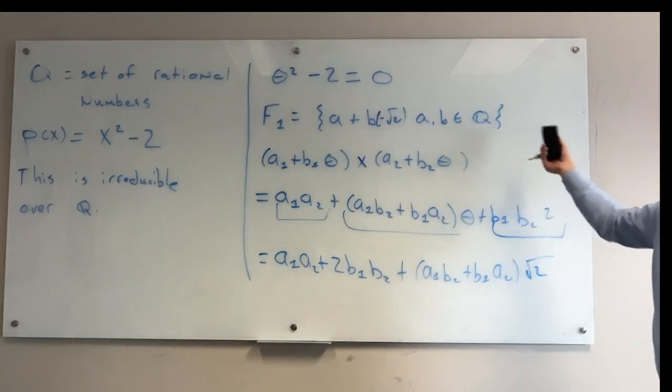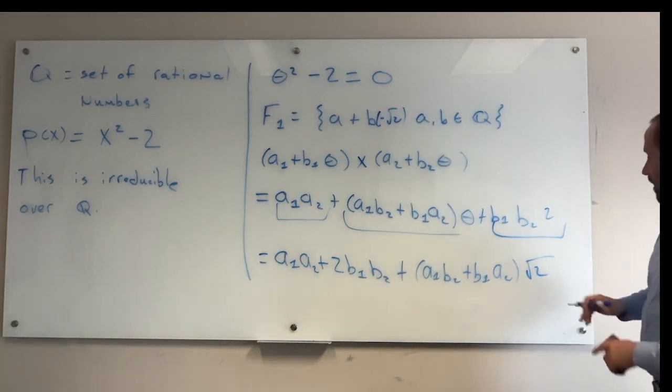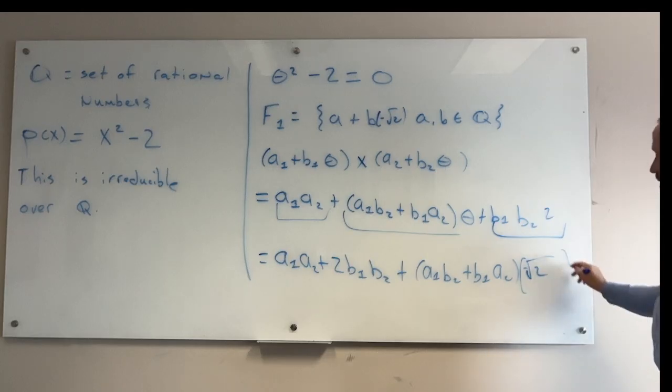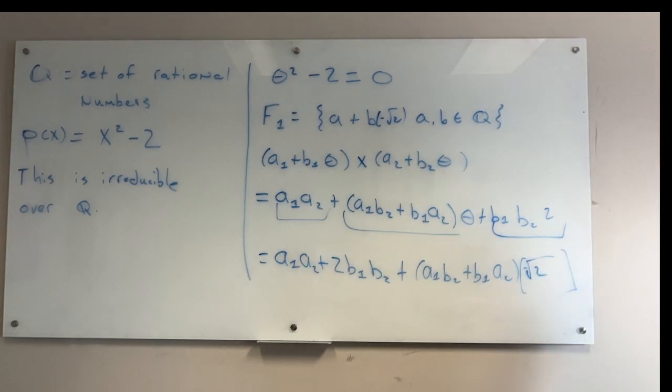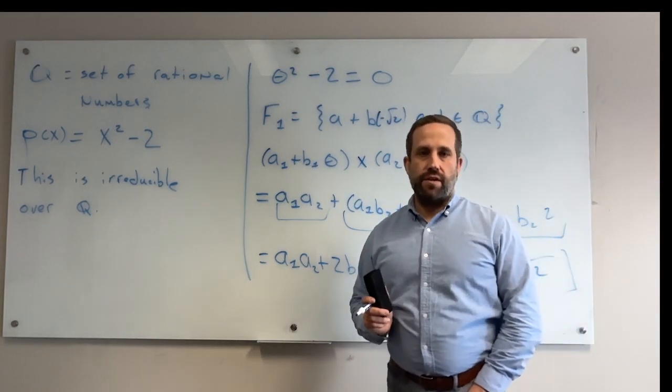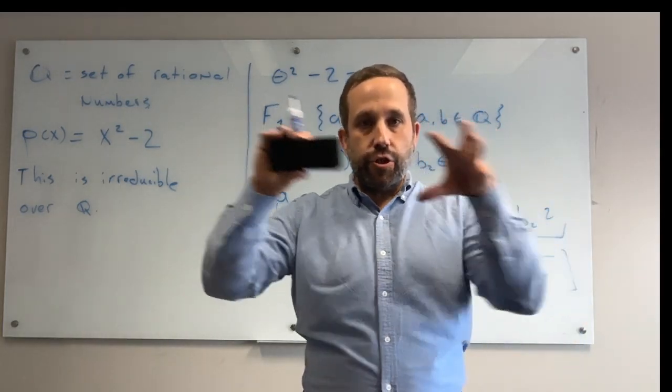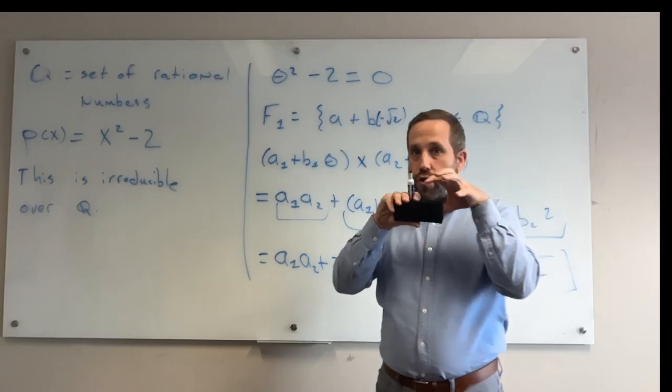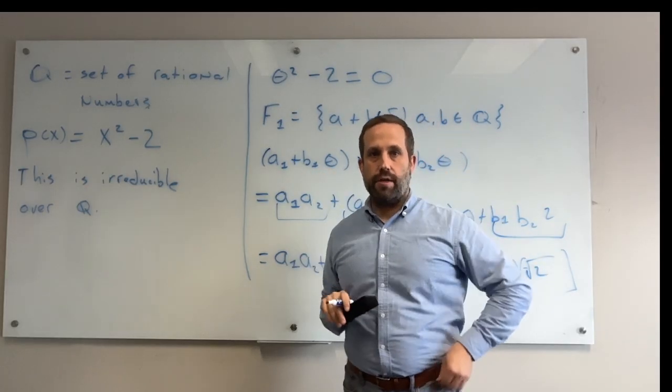And I would have gotten something very similar here, just with minus the square root of 2 instead. Okay, so this is an important concept. From the perspective of Q, these two roots are combined. Q cannot split them apart.